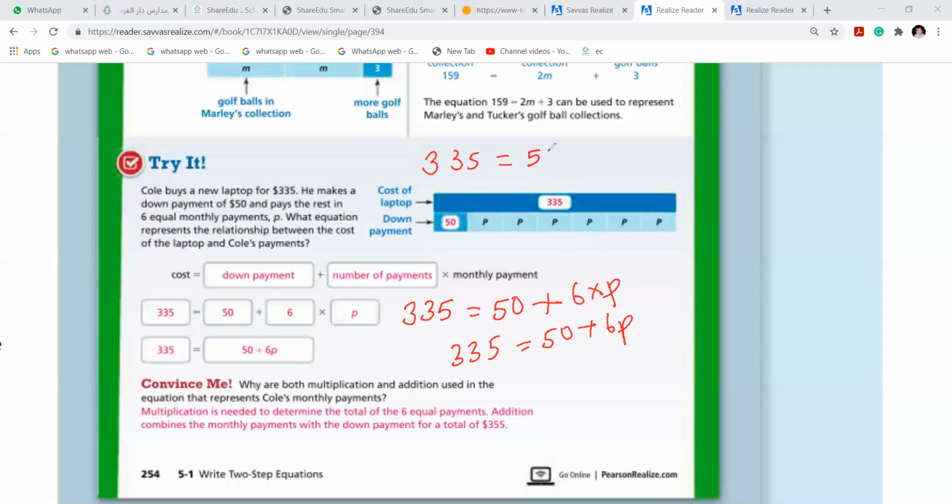The 335 is the total cost. In that first I gave 50 and then next 6 months I have to give P, I don't know what is the amount. So let the payments be P. They are giving you the payments be P. So that's why it is 335 equals 50 plus 6P. Is this clear? Yes.